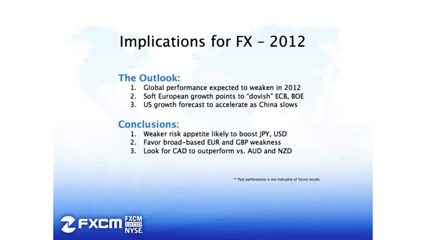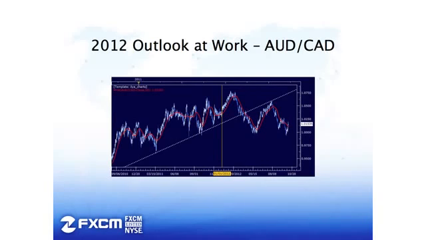Or how did it pan out? So we'll take one of those themes and we'll take a look here. That's a chart of Aussie CAD. And as you can see, that yellow line is the first of the year. So utilizing no technicals, utilizing no other form of analysis, which incidentally is not something I would suggest. I would suggest utilizing technicals to time these kinds of things.